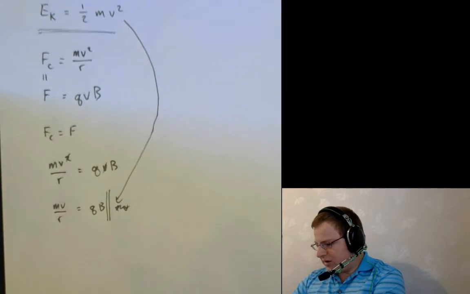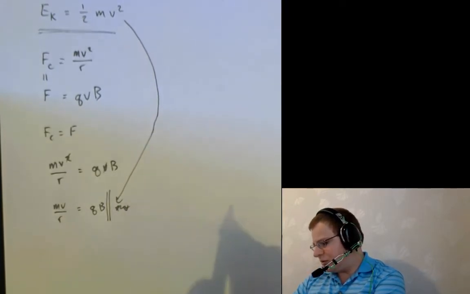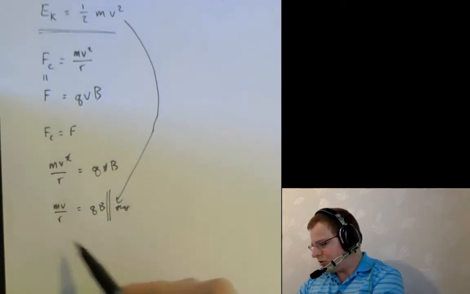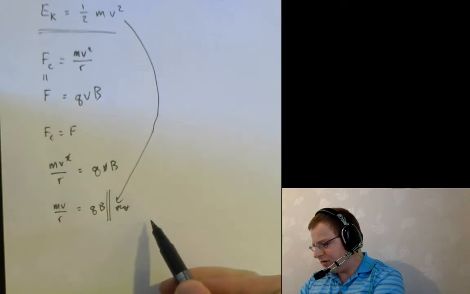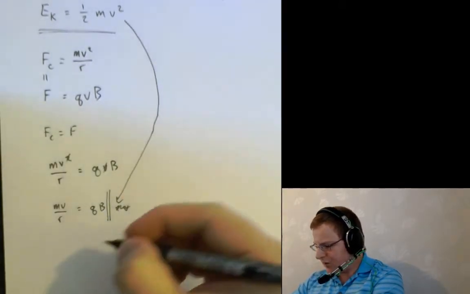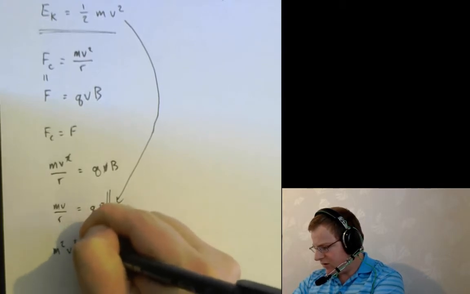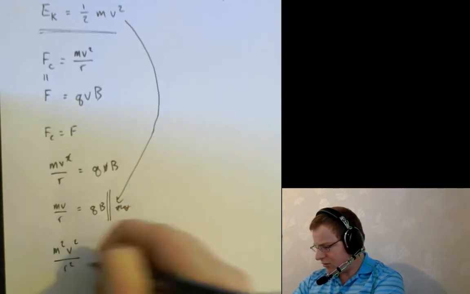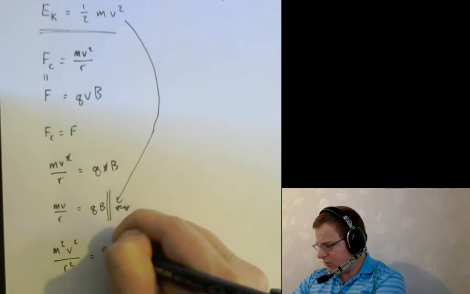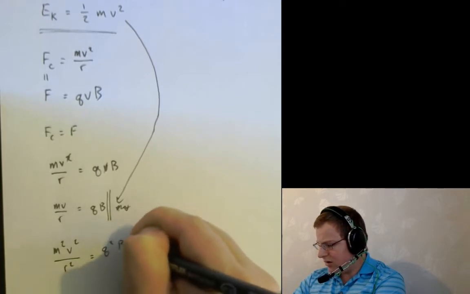One of the best ways I can think of is to square both sides of the equation, so you're going to get m squared v squared over r squared is equal to q squared B squared.